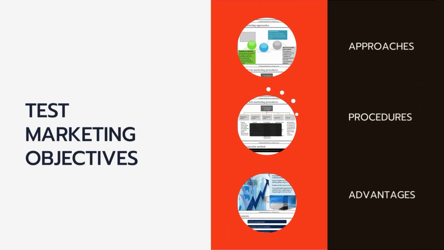First, standard test markets. Here, the markets are chosen and the retail outlets are stocked and restocked at regular intervals by the sales personnel. Okay? Number 2, controlled test markets. Informal selling, direct marketing, or mini marketing.